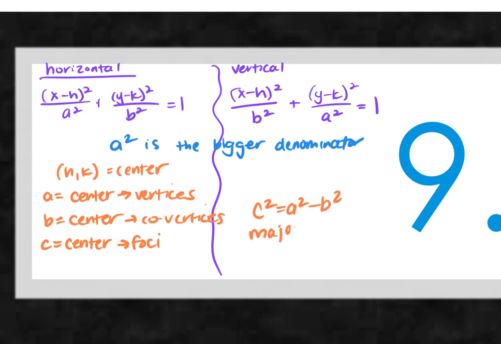Major axis is 2A. Minor axis is 2B. You have to know all that stuff about ellipses. Questions on any of that before we actually dive in?